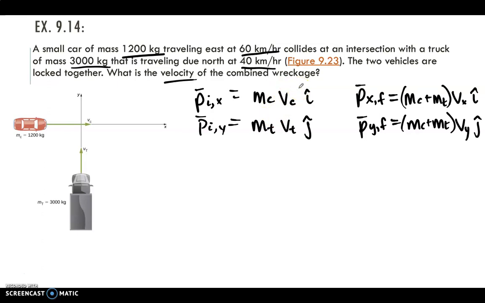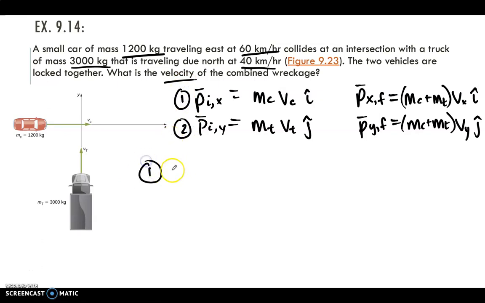Okay, so now what we'll do is we'll take each of those equations, set them equal to each other, and solve for Vx and Vy finals. Let's do this one first. I'm going to label this as 1 and then 2.